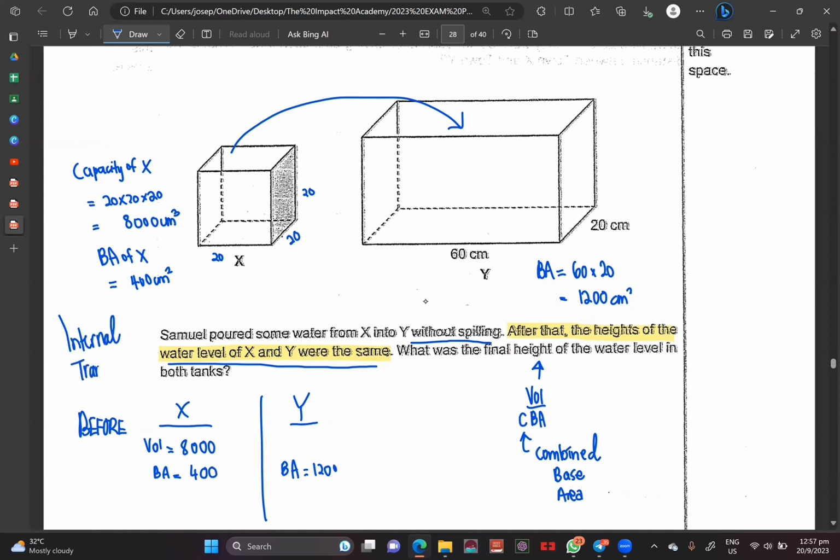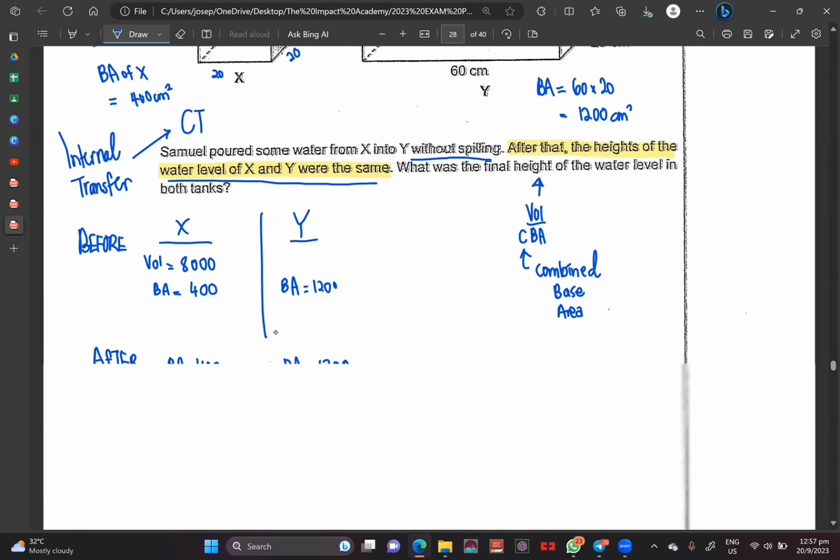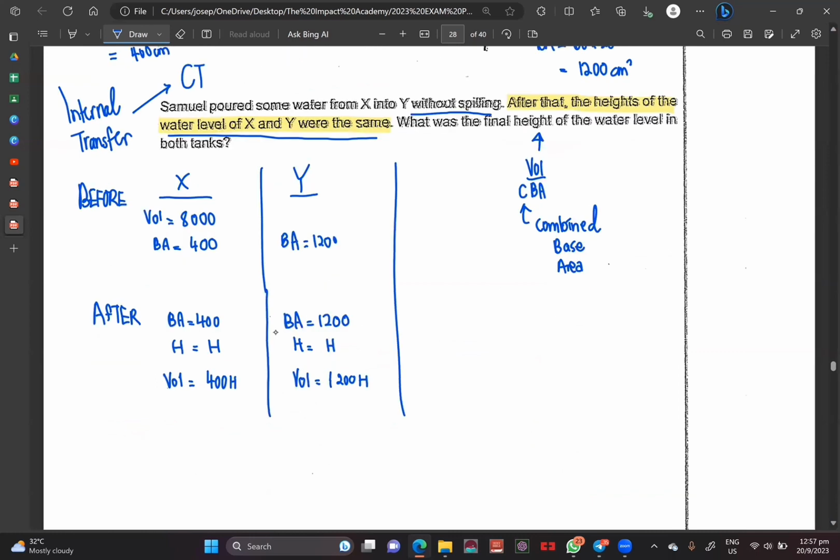So what exactly is internal transfer, and why is this internal transfer? Internal transfer talks about how two subjects are transferring amounts of an item to each other, and that the total doesn't change. So because of constant total, or because of internal transfer, we can say that this is constant total. So let's ask ourselves, what is the total over here?